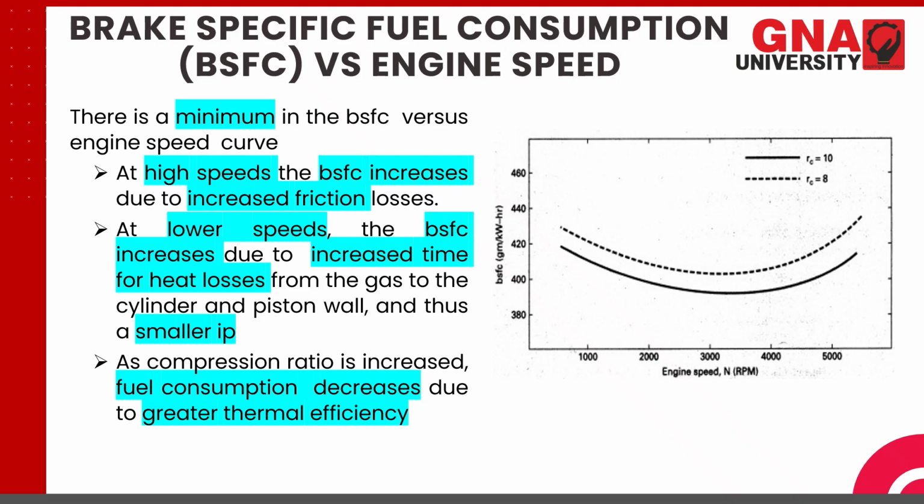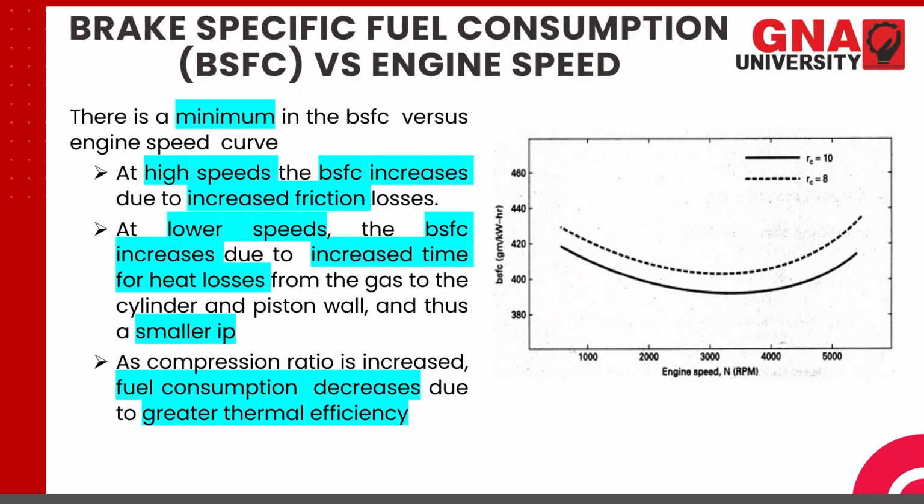Now why is it so that at lower speed you have high brake specific fuel consumption, and at higher speed again you have high specific fuel consumption? This is because at lower speed, since the piston movement is slow, there is a greater time available for the heat to be dissipated through the cylinder. So losses are more, and the fuel consumption is more for producing the same power.